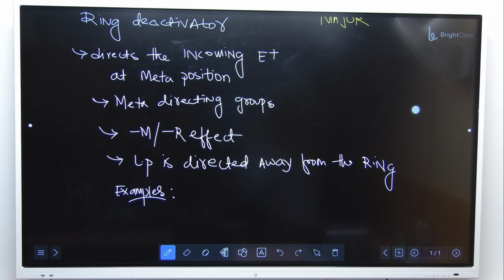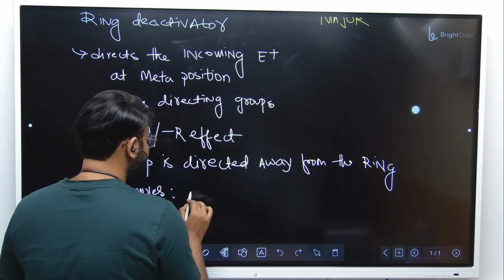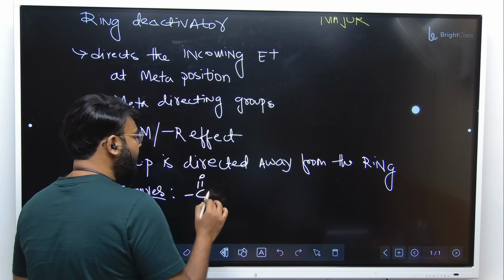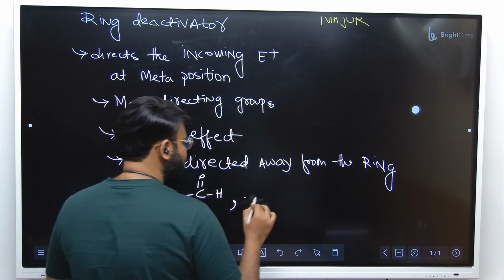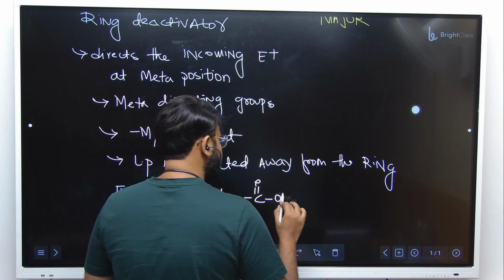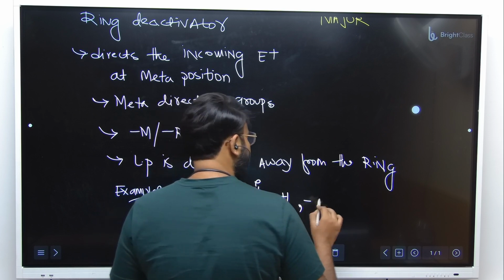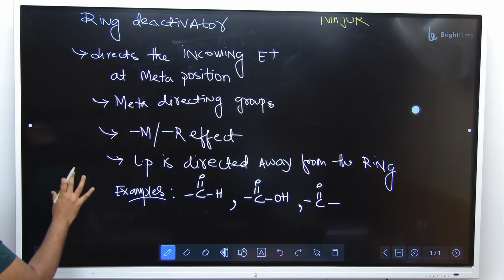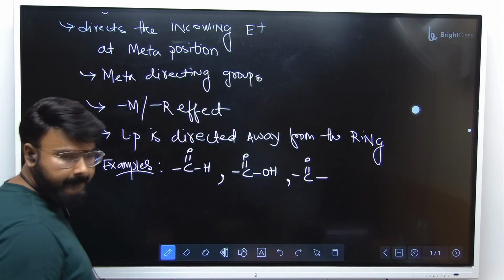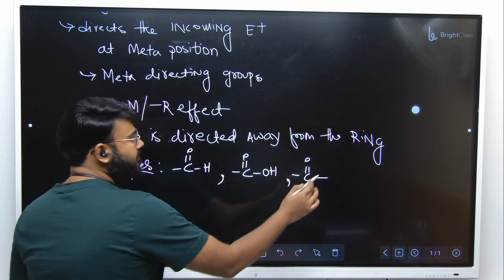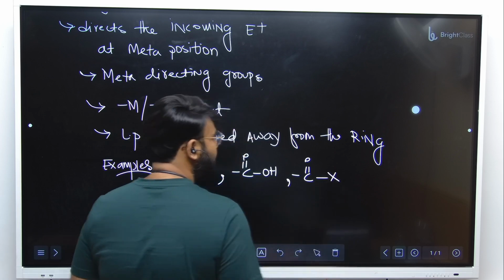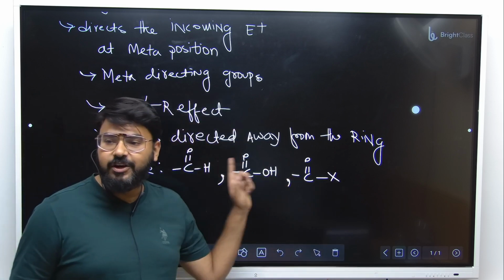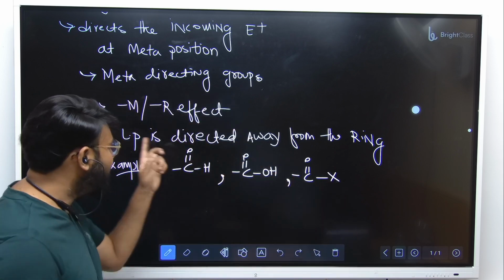So guys, examples are there. They are all the groups like aldehyde. All the groups which have a carbonyl, C=O, they all are ring deactivators.